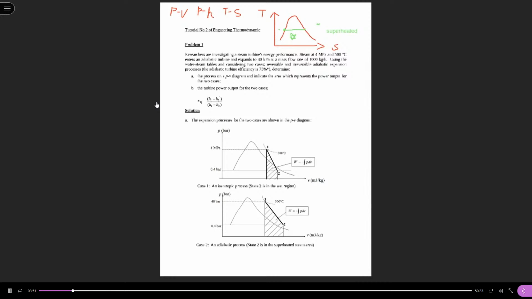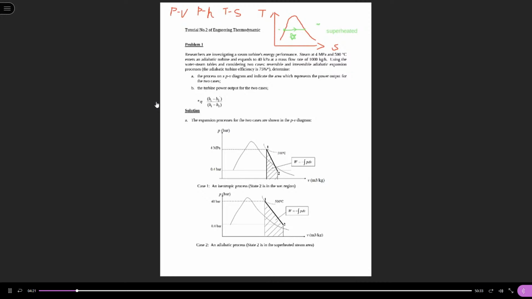Then you need to define the state of the working fluid in the system, whether it's superheated, dry saturated, wet saturated, or compressed.